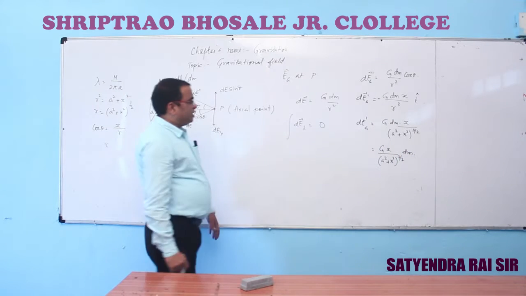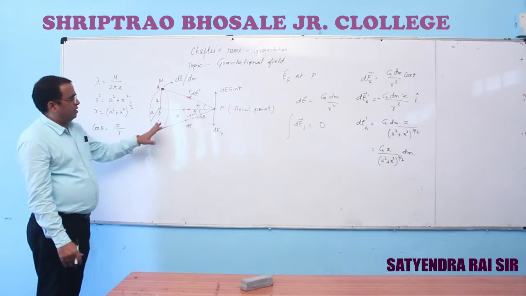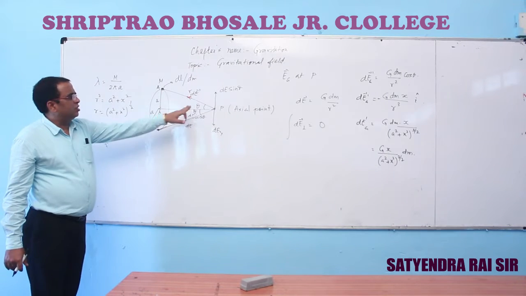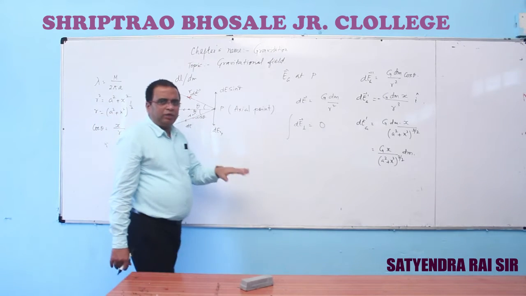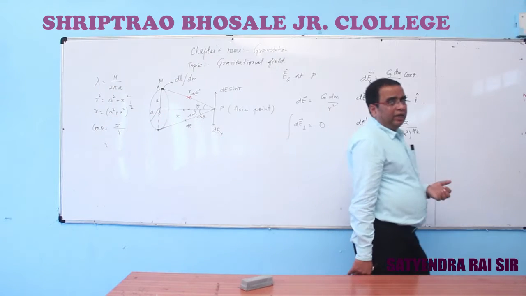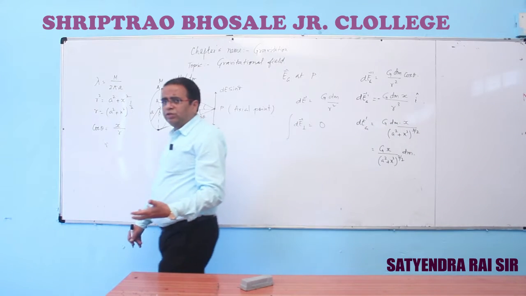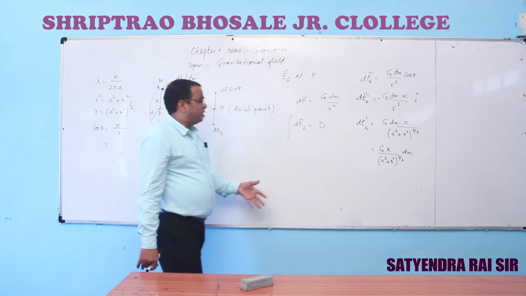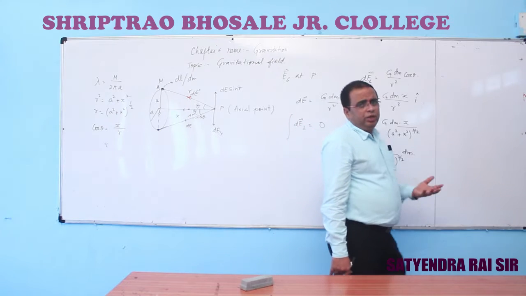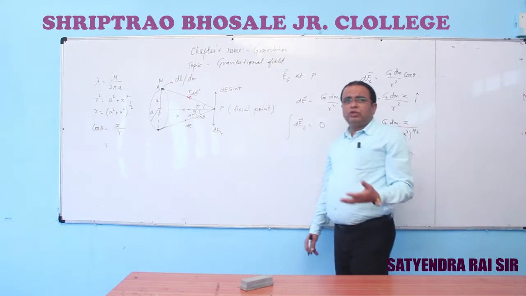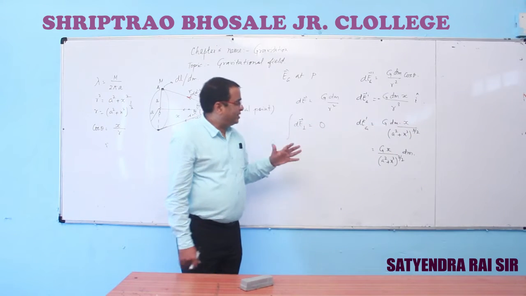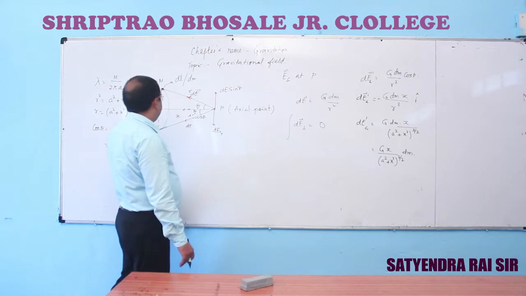As you can see in this expression, x is the distance of the point P from the center of the ring, which is a constant. a, the radius of the ring, is another constant. Capital G, we all know, is the universal gravitational constant. So these are all constants, except the mass of the element dm.